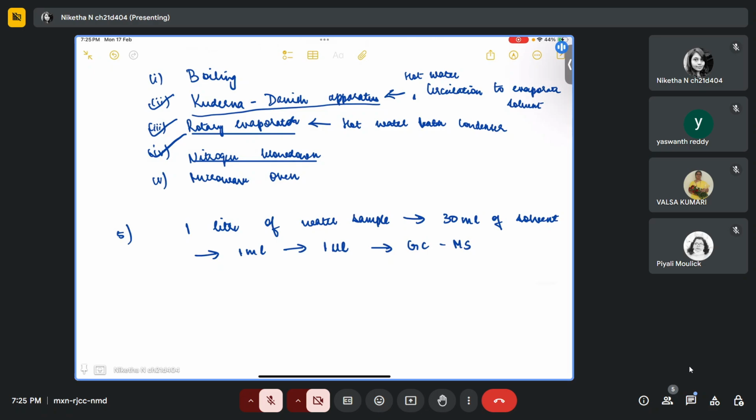That concentration is 1 microgram per liter. So what is the initial concentration in the 1 liter of water sample?